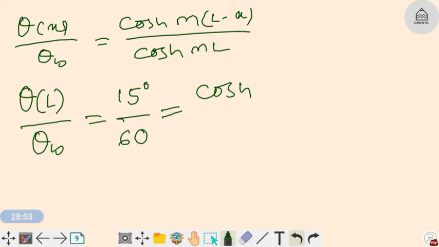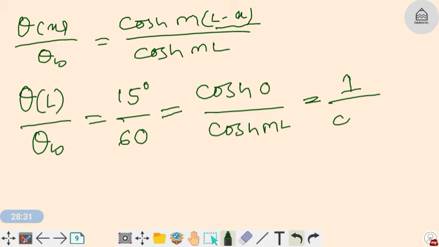Now I have put x equal to L, so L minus L will be 0, so cos hyperbolic m into 0, cos hyperbolic 0, is 1, divided by cos hyperbolic mL.